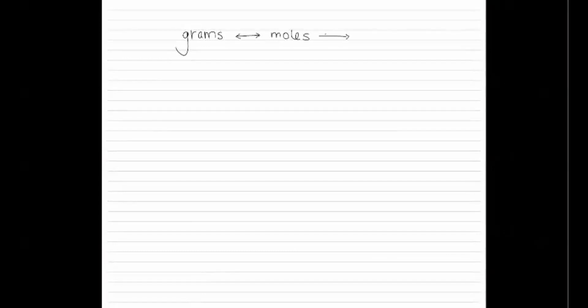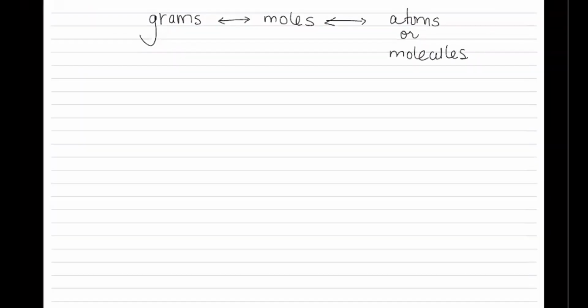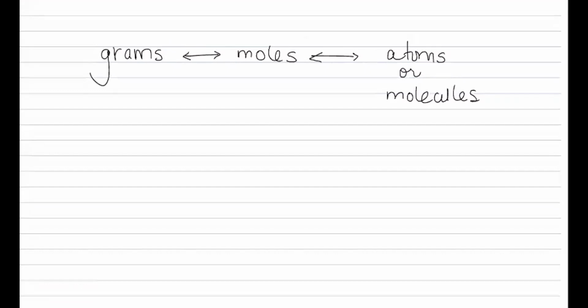You can go from moles and convert it to atoms in the case of elements, or molecules if we're talking about compounds. Okay? So when it comes to this, we have certain conversion factors that we can utilize for converting in between these units. Okay? So what is the conversion factor if I'm trying to go from grams to moles?